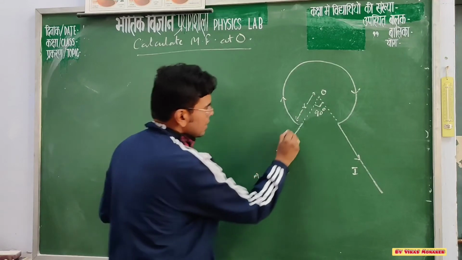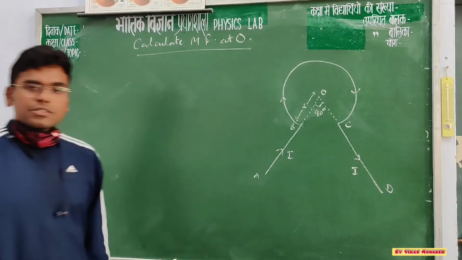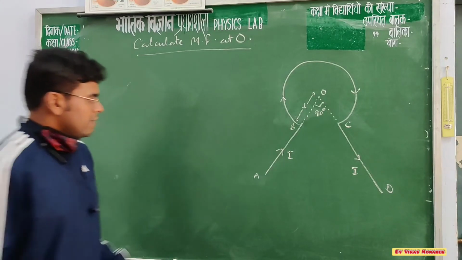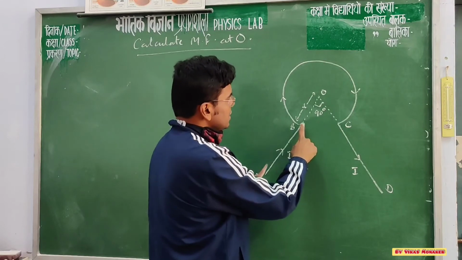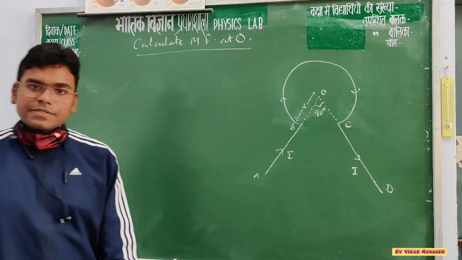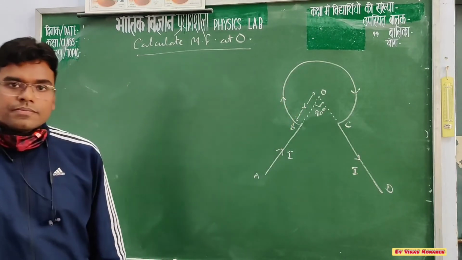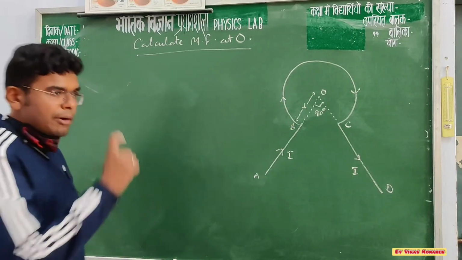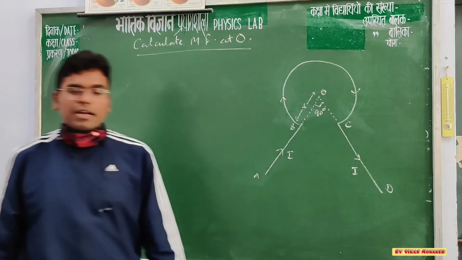Let's name it A, B, C, D. There are three parts of magnetic field. First is due to the current carrying wire AB. Second is due to BC, which is a part of a circle. Third is CD, which is again a straight wire.